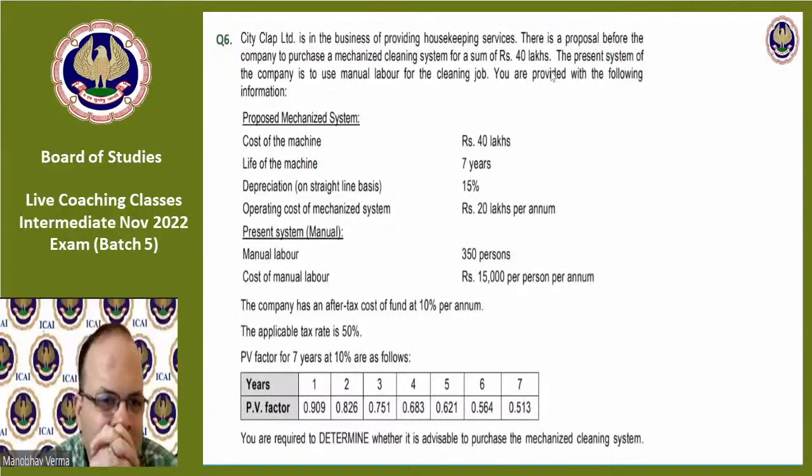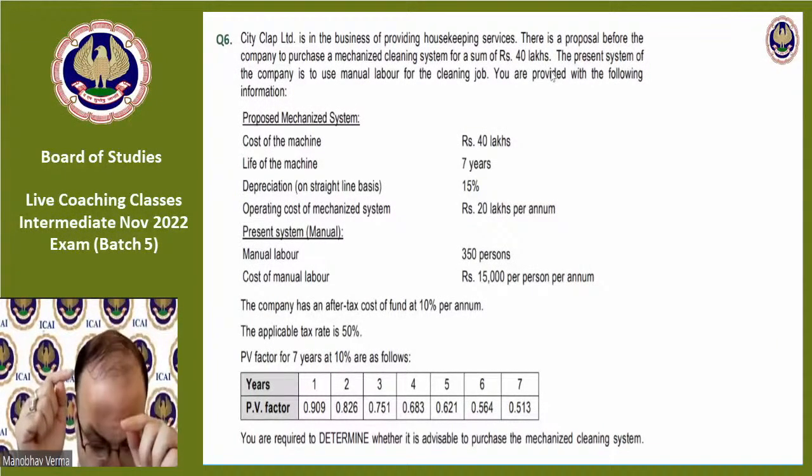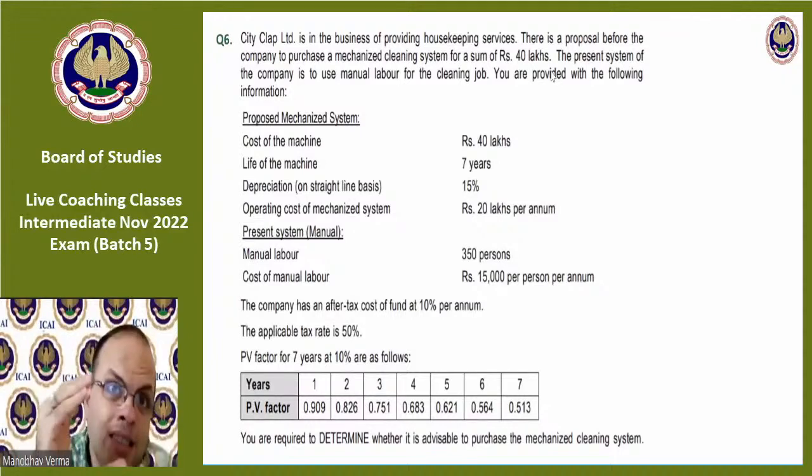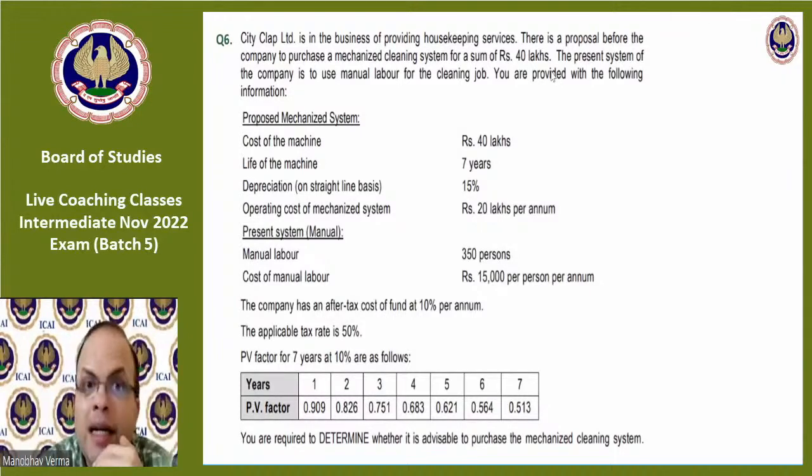What do you think, guys? Or we can say in a nutshell that we are talking about the savings in cost. Because they're talking about the cost of the existing system and the cost of the new system. So we can compare that. Am I correct, guys?